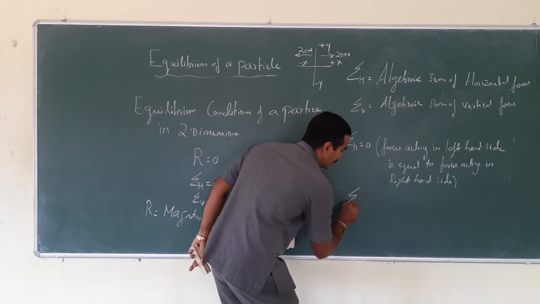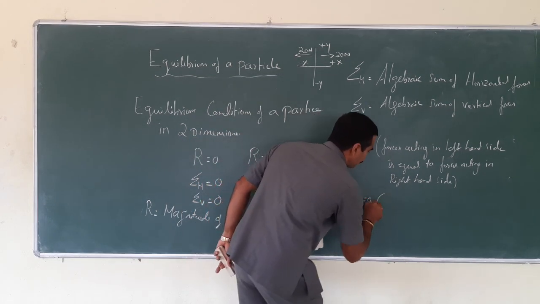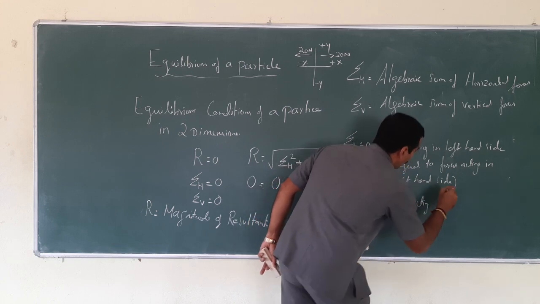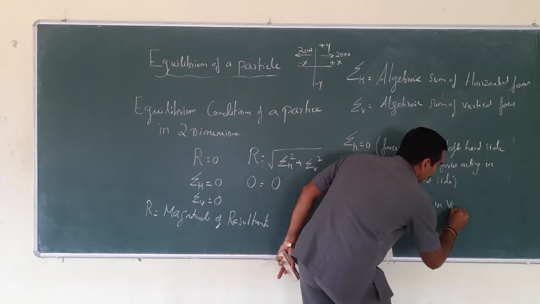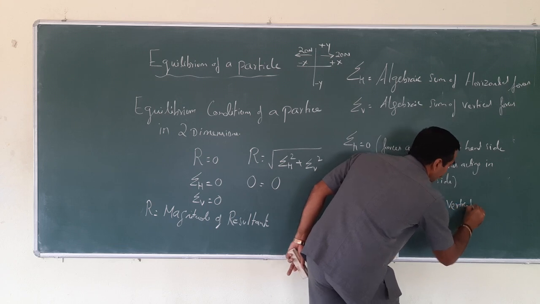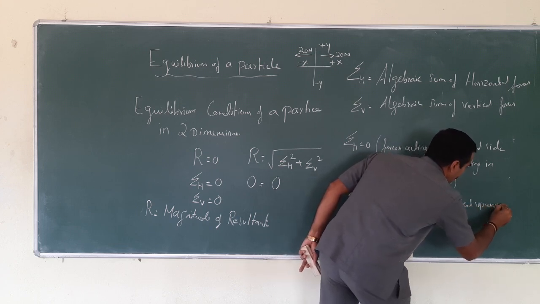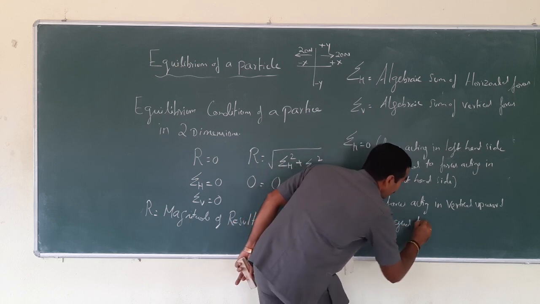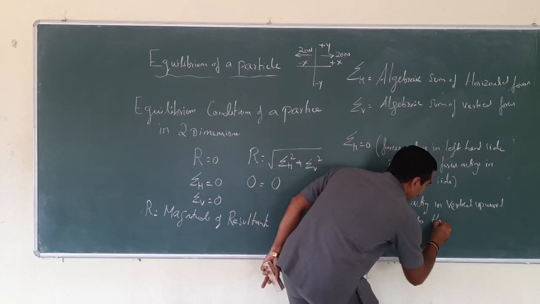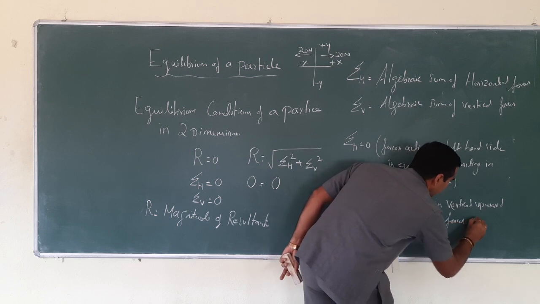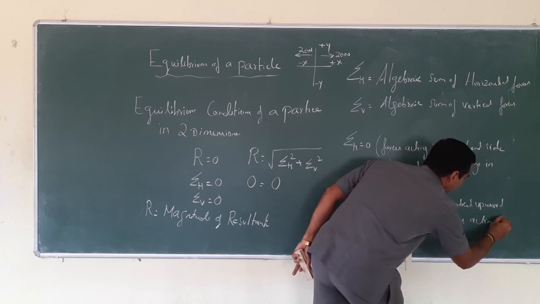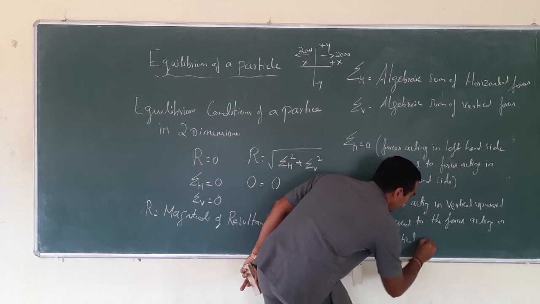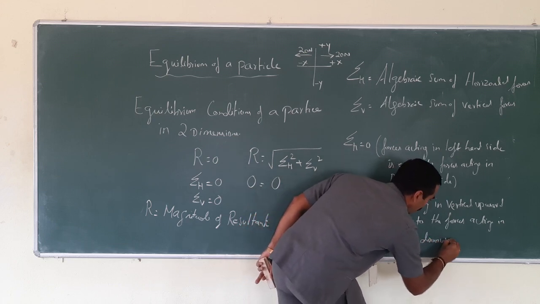Similarly, summation V equal to 0. That means forces acting in the vertical upward direction are equal to the forces acting in the vertical downward direction.